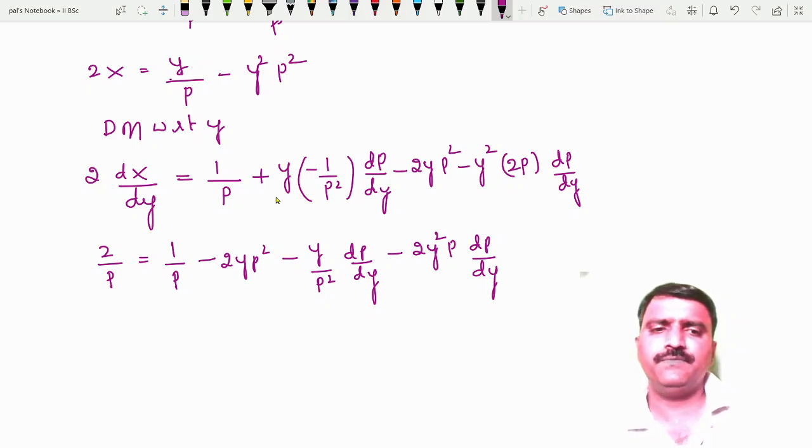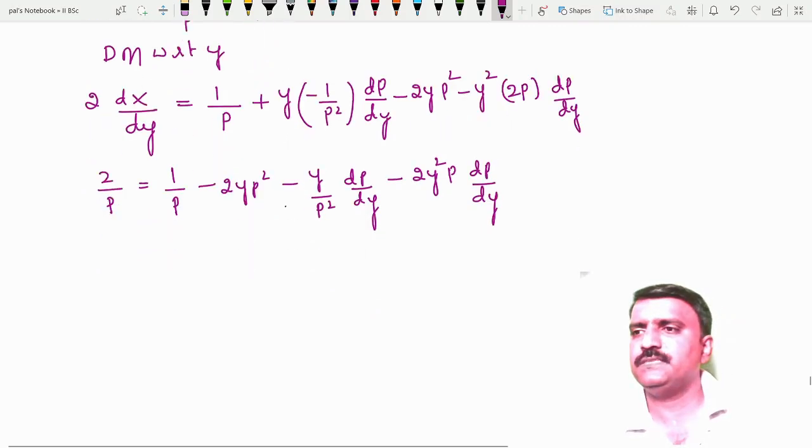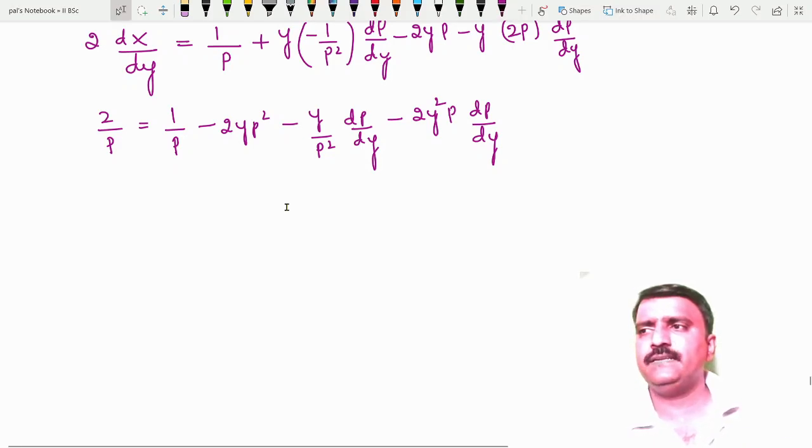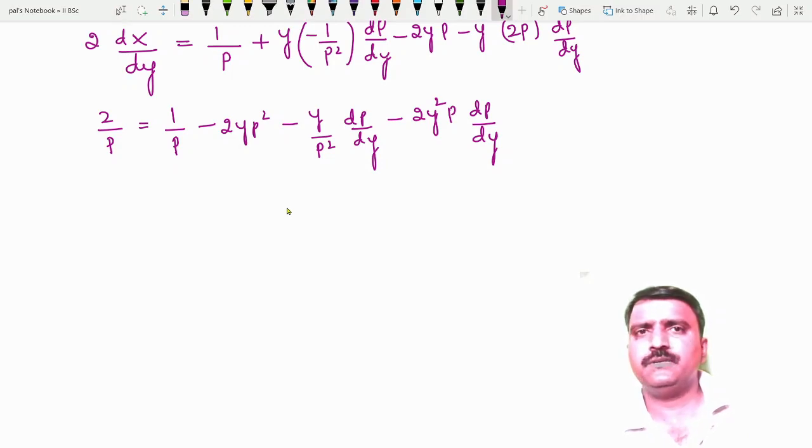So we have to simplify this. When we simplify, 2 by p comes to the right hand side, it becomes minus 2 by p. Minus 2 by p plus 1 by p is minus 1 by p. Or in other words, you take all these terms to the left hand side.